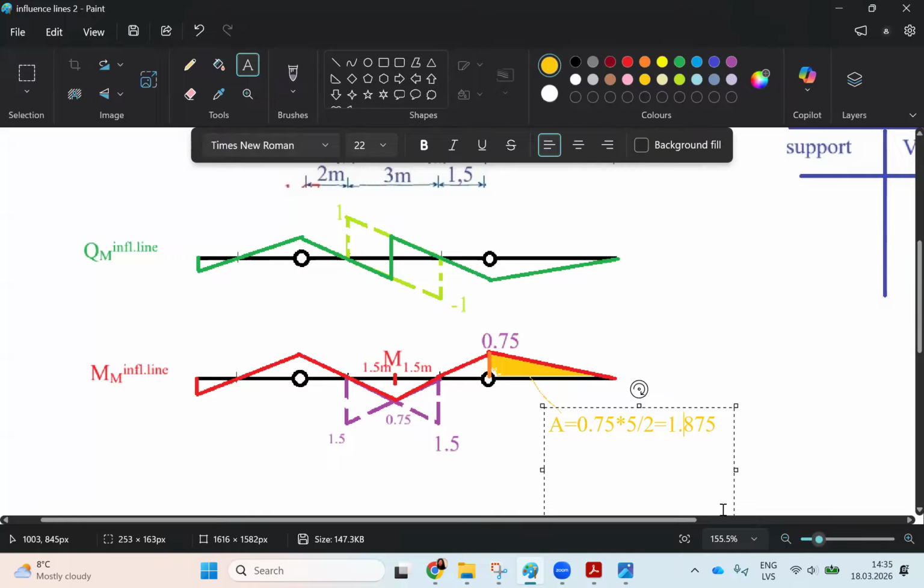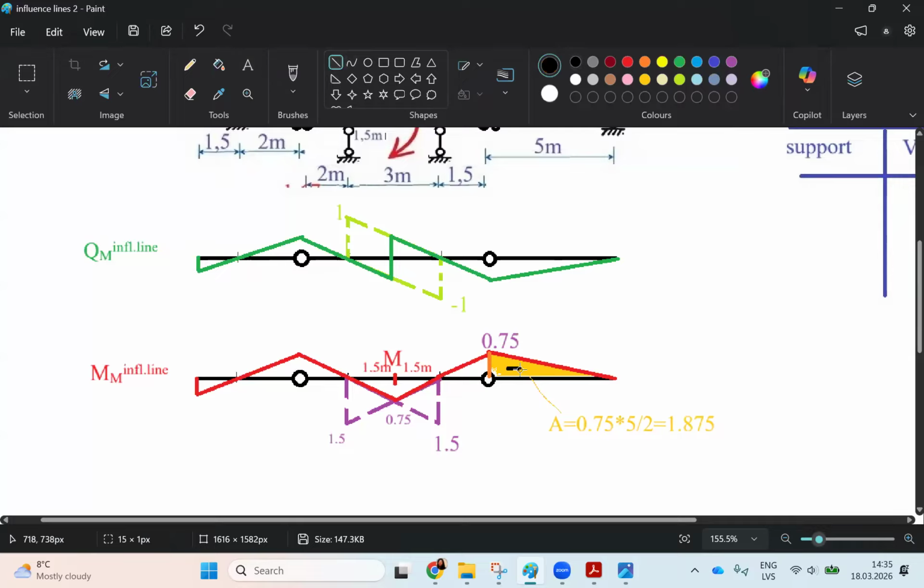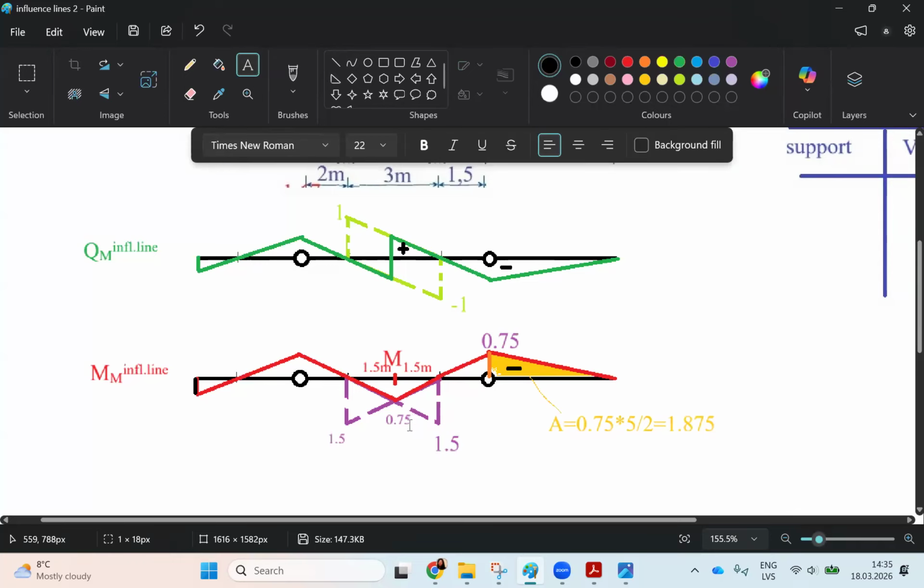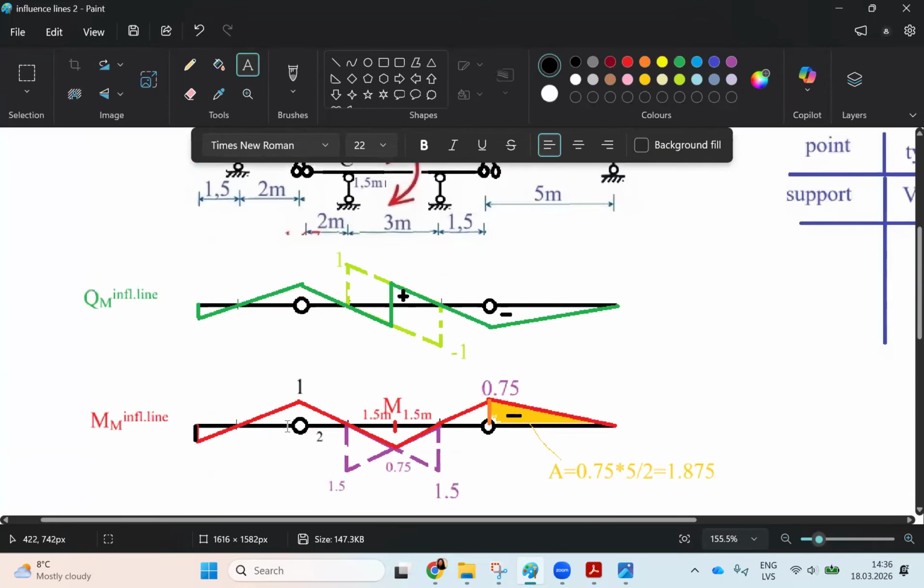In Latvia, we use comma. And that's negative because the signs are opposite as shear force. Positive down, and we need this y ordinate. That's 1.5/3, and this is 2 meter, it's 1/2. That's 0.75, looks like.